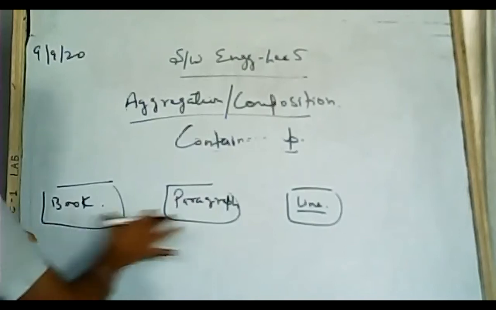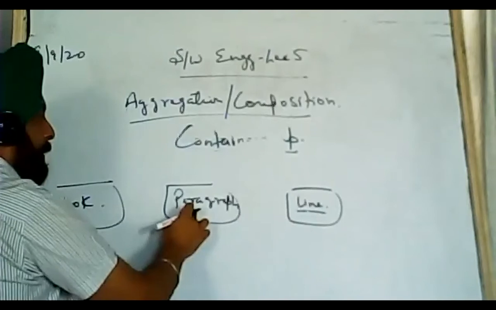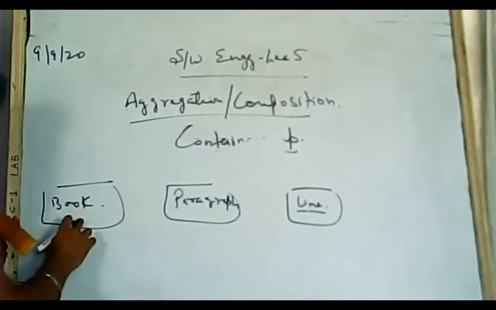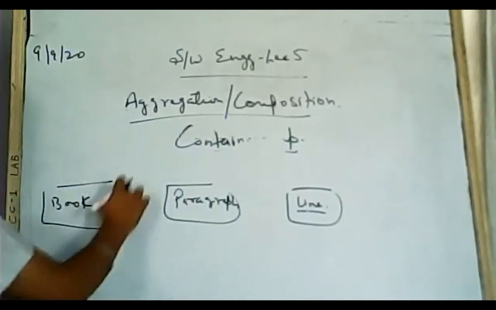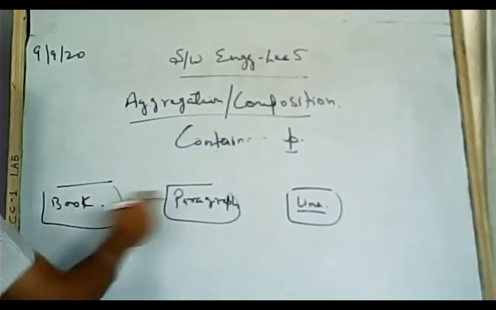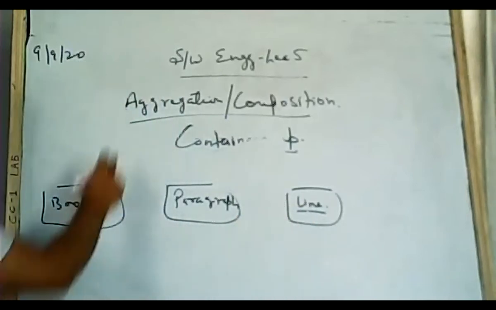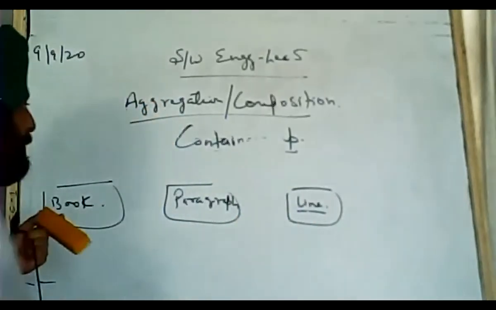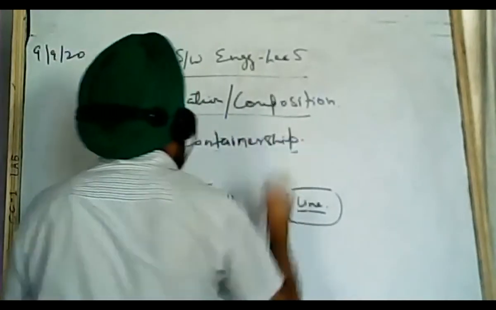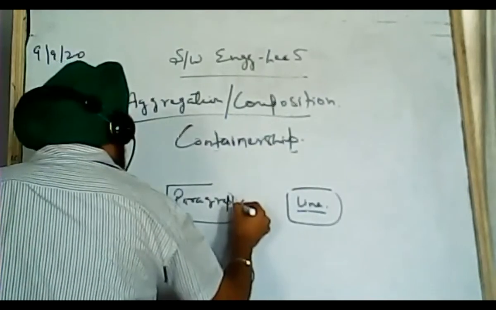So this is one class, this is another class, and any lines can be contained in paragraphs, paragraphs are contained in a book, or you can have one more, chapter, in between. So paragraphs are in a chapter and chapters are in a book. This type of relationship between the objects of different classes is known as aggregation, composition, or containership. And it is represented with the diamond box.